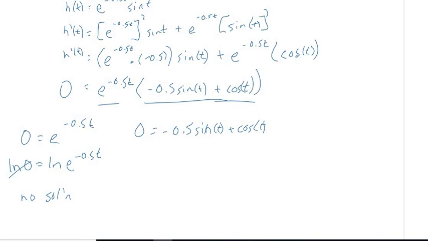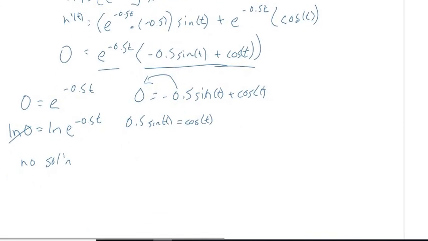So let's try and solve this one. Let's start by moving this over. So negative 0.5 is going to be positive 0.5 sine of t is equal to cosine of t. But here's where we're going to use a little trick.